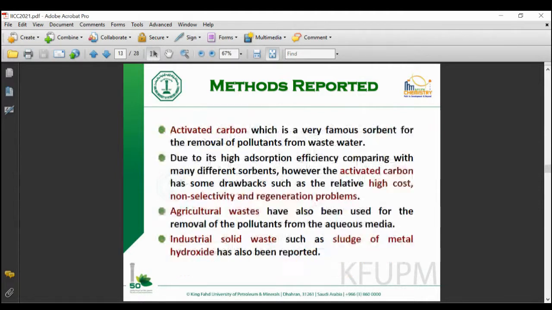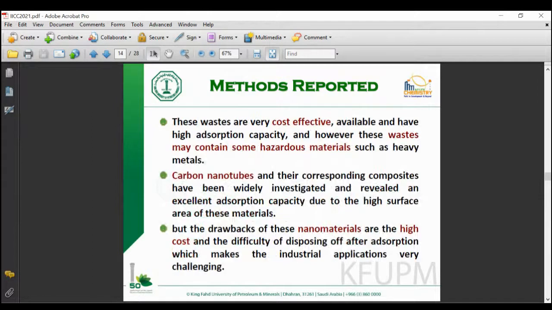It has effectiveness also. All adsorbents have merits and demerits. I don't want to go into that detail. Activated carbon is very prevalent nowadays and has very high efficiency compared with many different solvents, but it is costly, and has selectivity and regeneration problems. In the literature there are also agricultural waste and industrial waste, and industrial waste may contain sludges and some hazardous materials.